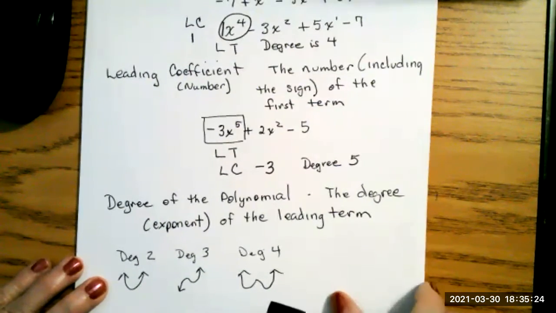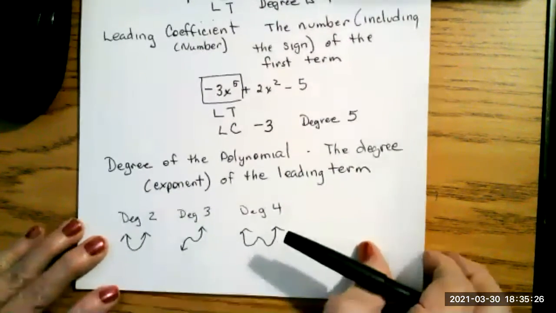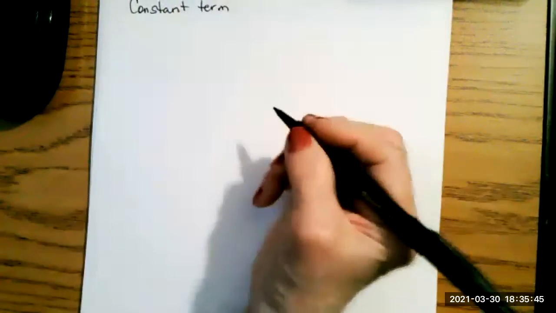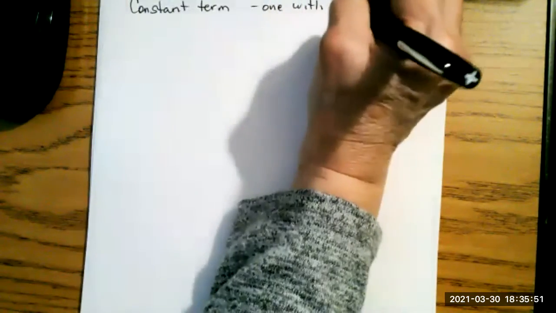Okay, now one more thing in this section before we start changing the direction of what we're doing here. It's called the constant term. The constant term is the one with no x or variable.